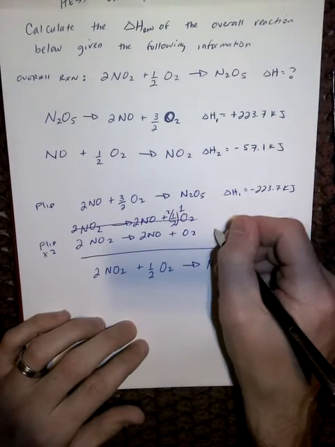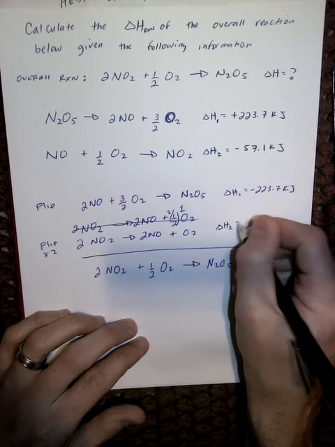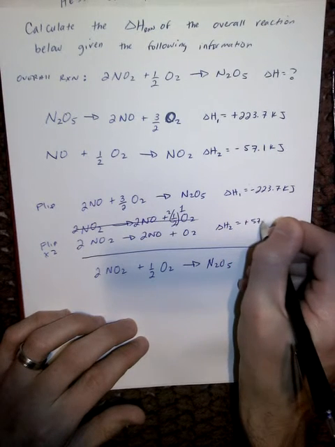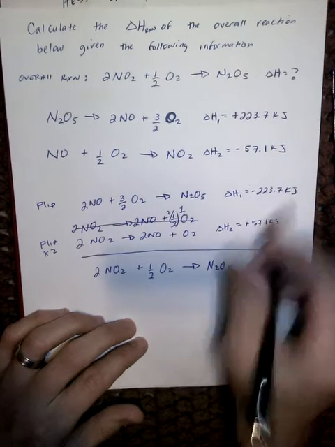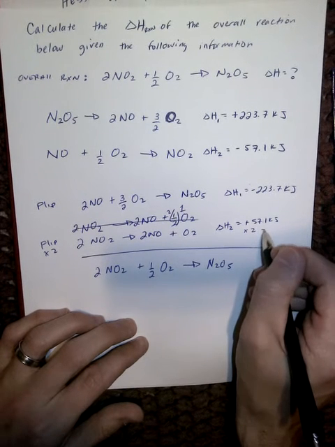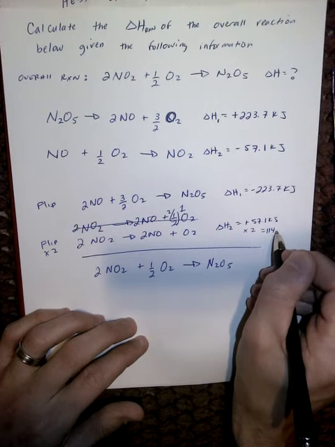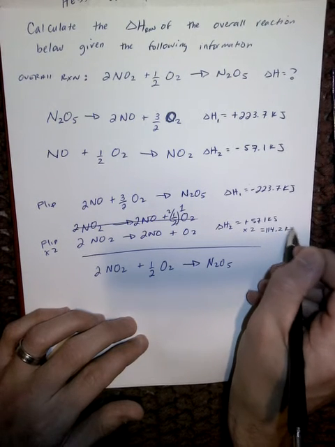Alright, so let's do delta H2 now. I flipped it so it's going to be positive 57.1 kilojoules, but I also doubled the coefficient, so I have to multiply this by 2, right? That's going to give me 114.2 kilojoules.